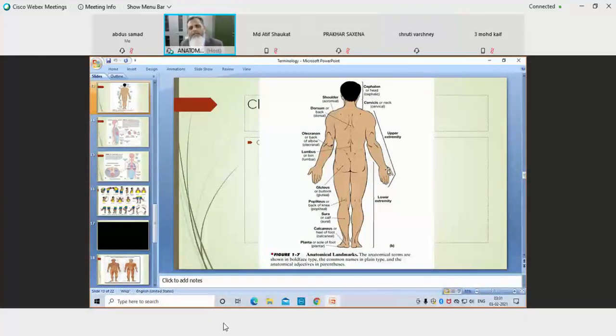Now, will the wrist joint be proximal or distal? Proximal. And the joint of the thumb will be distal. So these terms, proximal and distal, are also relative.